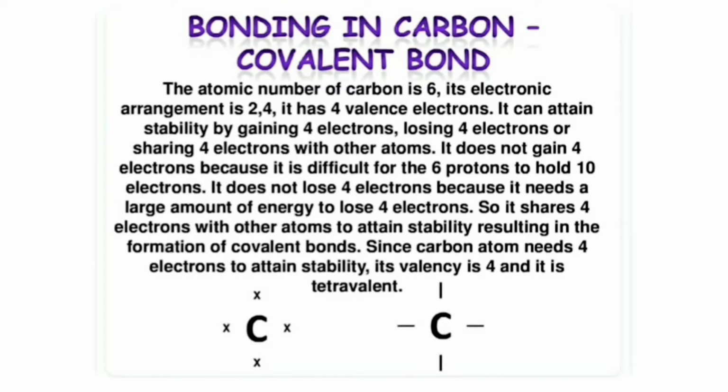It does not lose 4 electrons because it needs a large amount of energy to lose 4 electrons. So it shares 4 electrons with other atoms to attain stability, resulting in formation of covalent bond. Since carbon atom needs 4 electrons to attain stability, its valency is 4 and it is tetravalent.